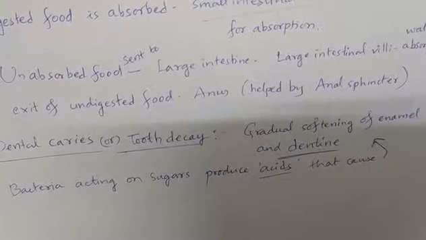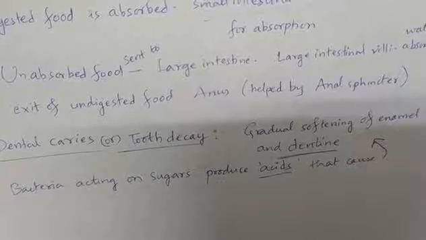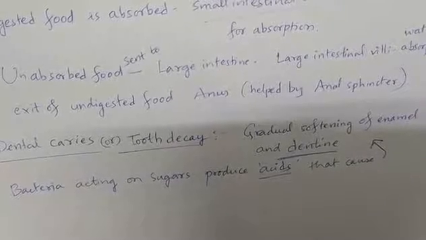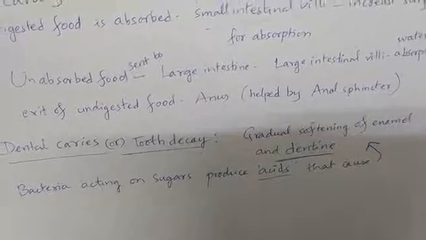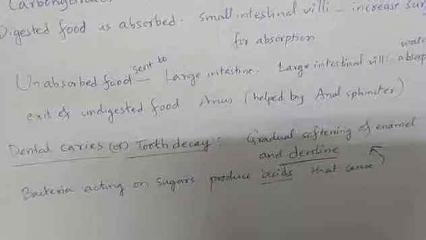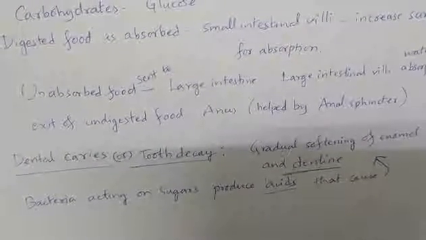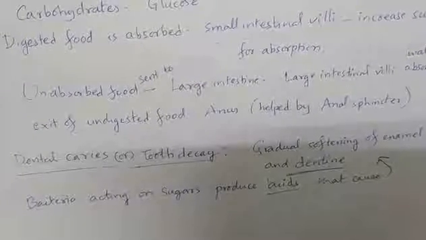These acids cause demineralization of the teeth and gradual softening of enamel and dentine, with which tooth decay occurs. Infection of teeth may take place. That results in dental caries or tooth decay.